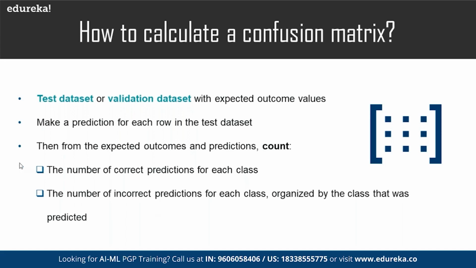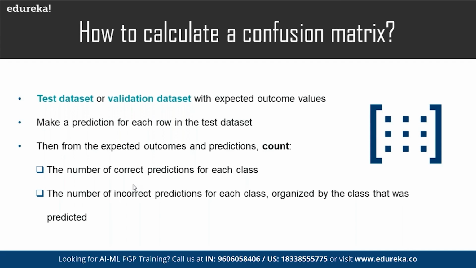Make a prediction for each row in a test data set, and again, this is when we talk about tabular data sets and structured data. When we talk about structured data, the tabular data set, the number of correct predictions for each class again falls label-wise. So we have multi-class classification, and single-label and multi-label classification.